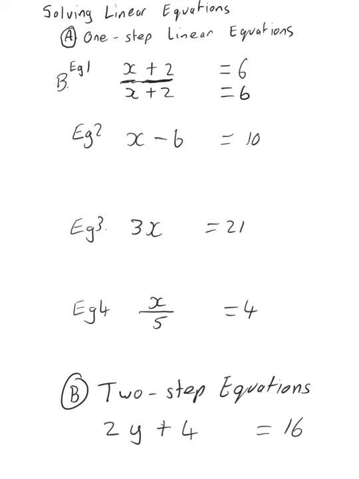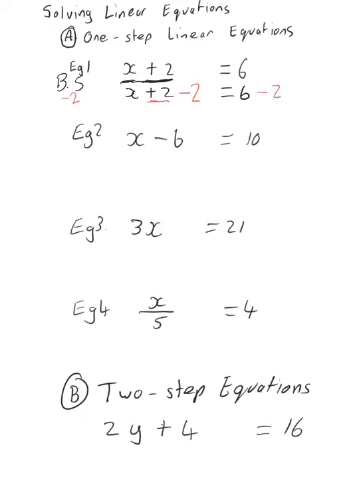I'm going to put BS here for both sides. What we need to do to both sides is the opposite, the inverse of +2, and that is -2. And we have to do it on both sides of the equation to keep it equal. So there's x + 2 - 2 equals 6 - 2.